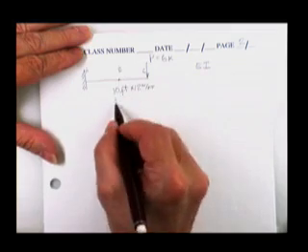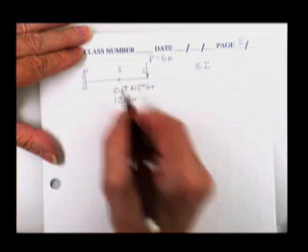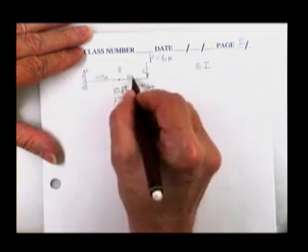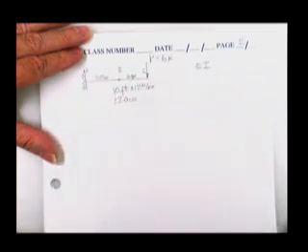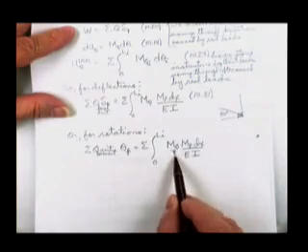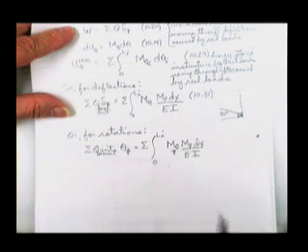10 times 12 is 120 inches. So that'll be 60 inches to the place where you want the answer, and another 60 inches to where the load is applied. You need 2 moment diagrams. You need one due to the unit load and one due to the real load.